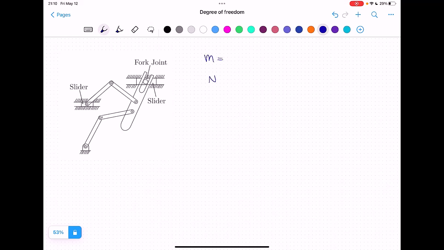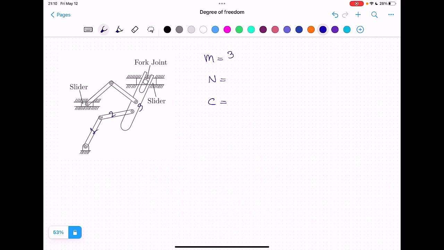M parameter, N parameter, and C parameter. As you see, we have a planar mechanism, so the number of M is equal 3. And in the next step, we should identify the number of links. 1, 2, 3.